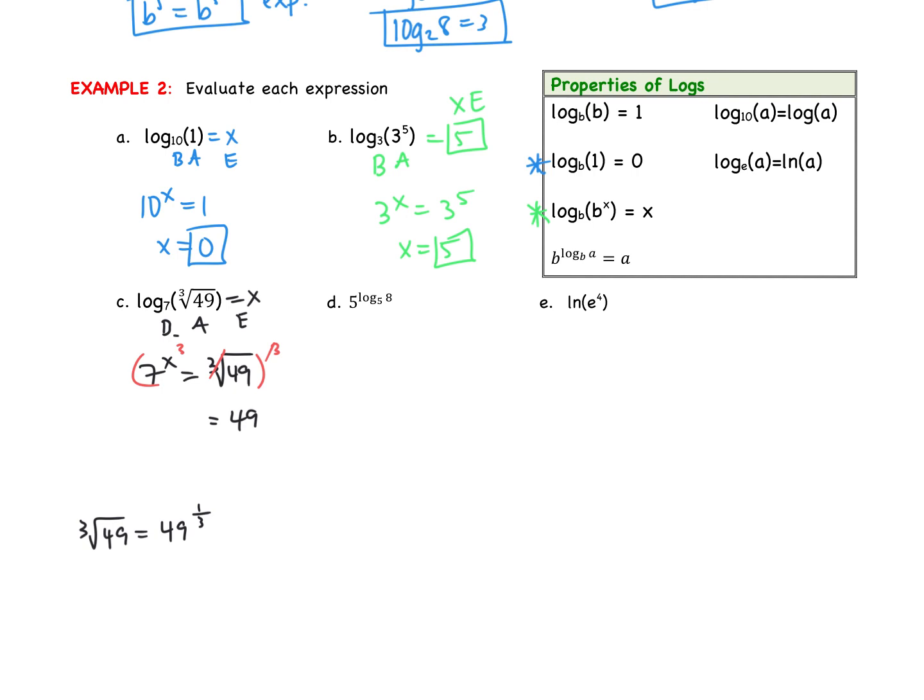Okay, so then over here, we have 7 to the x raised to the 3rd power. Anybody remember what happens to those two powers to combine them? They multiply. So that's the power 3x. Okay, so then what's pretty convenient is 49 we can rewrite in terms of 7. So 49 is 7 squared.